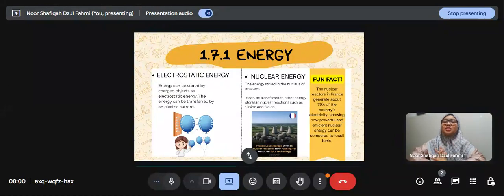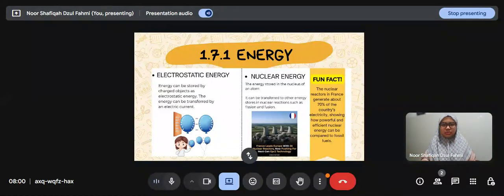Now, let us take a look at electrostatic energy and also nuclear energy. Electrostatic energy is just an energy stored by charged objects. I think when you were little, you were very familiar with rubbing two balloons together, right?